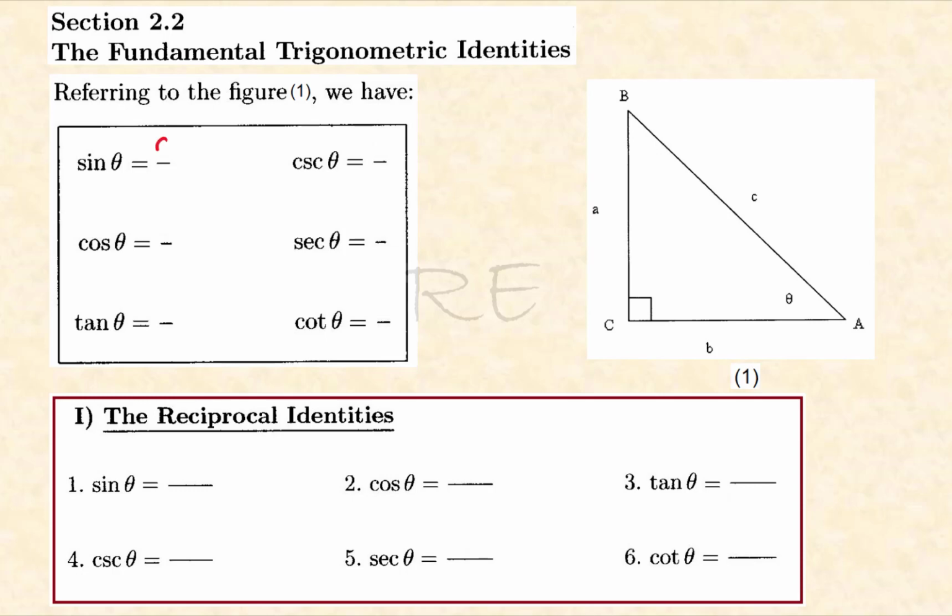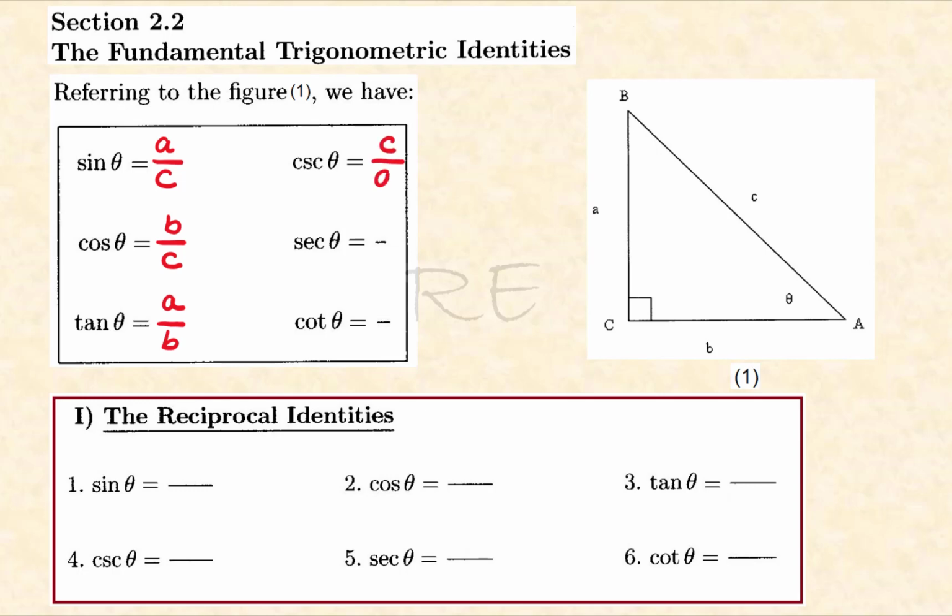For example, sine theta will become A over C, opposite over hypotenuse. Cosine theta, B over C, adjacent over hypotenuse. And tangent theta, A over B, opposite over adjacent.